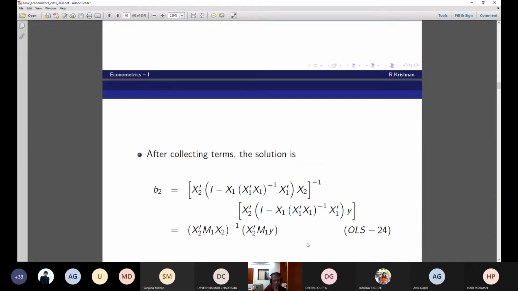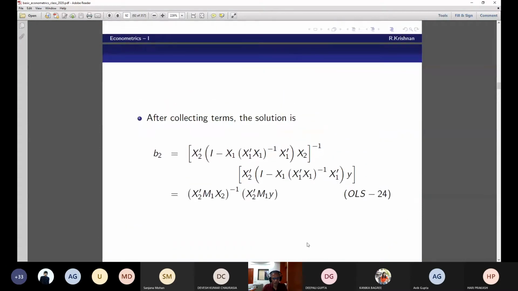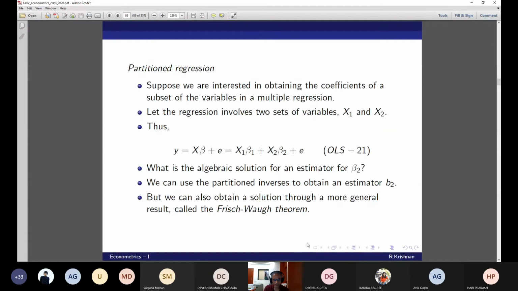This is the solution for b2. Okay. Now I'm going to drop a bombshell. What is this b2? This b2 will be exactly identical to the b2 if you run a multiple linear regression of OLS 21.